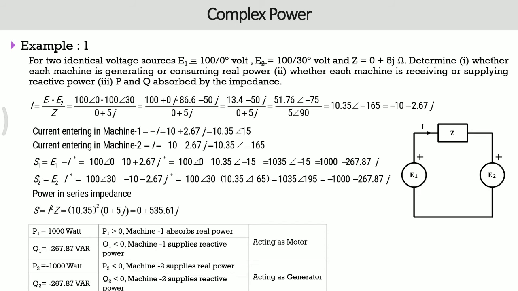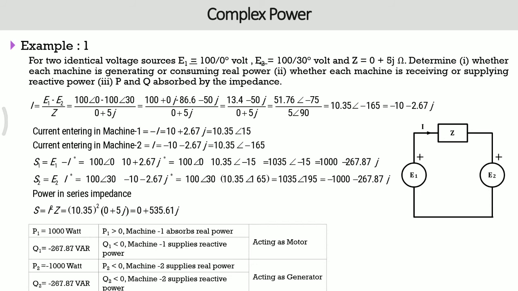So we got all the answers. First, whether each machine is generating or consuming real power. So we give the answer which machine consumes and which machine supplies the real power. Then the second one is whether each machine is receiving or supplying reactive power. We already got this answer.